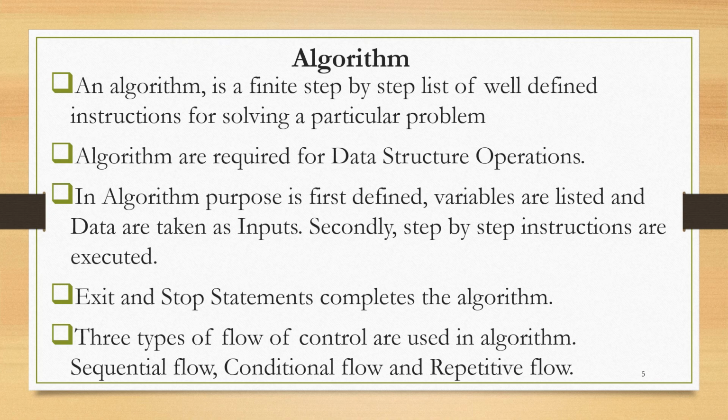An algorithm is a finite step-by-step list of well-defined instructions for solving a particular problem. Algorithms are required for data structure operations. In an algorithm, the purpose is first defined, variables are listed, and data are taken as inputs. Secondly, step-by-step instructions, and exit and stop statements complete the algorithm.